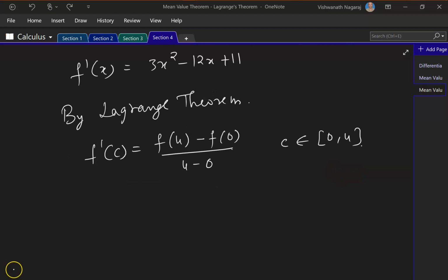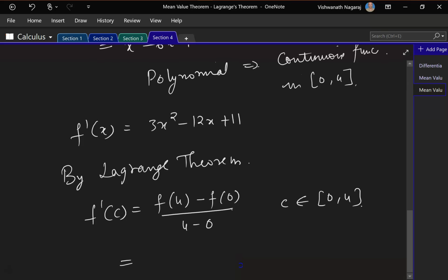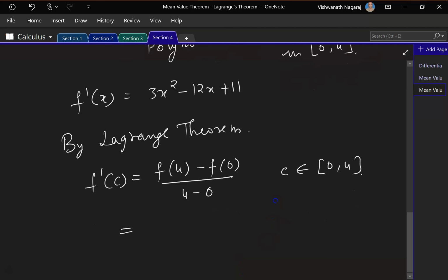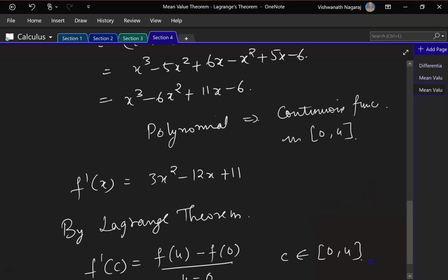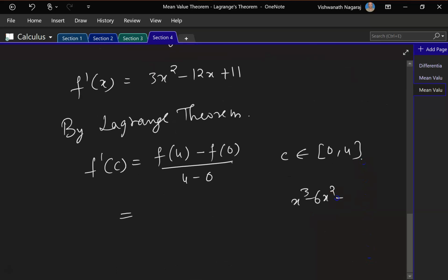Okay, let's do the substitution. We have x cube minus 6x square plus 11x minus 6.